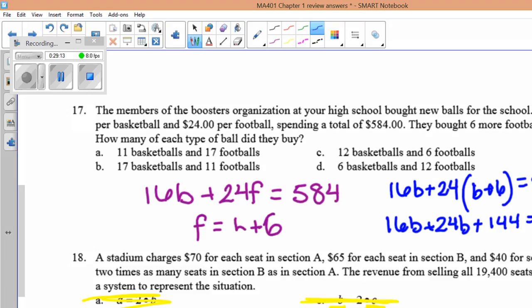Do 584 minus 144, and then combine your 16 with your 24, and you get 40b equals 440. Do 440 divided by 40, and you get that b is 11. So b, basketballs, is 11, and that's the only one, so it's answer A.